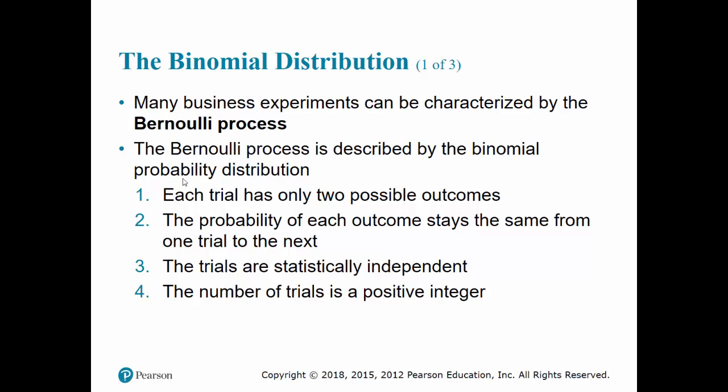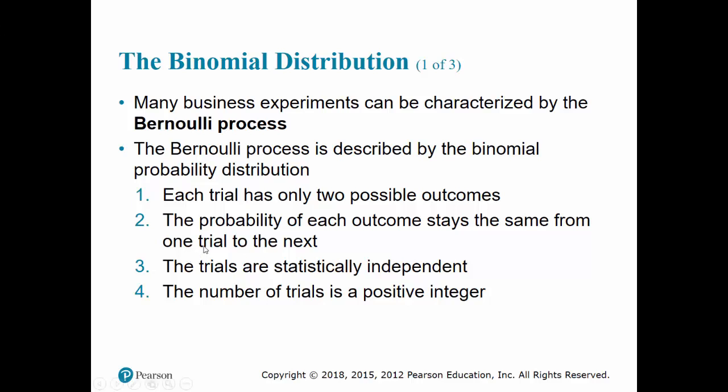So an experiment has only two possible outcomes, something like tossing a coin where you get either head or tail, or you make a sales call and you either make the sale or you don't. You apply for a mortgage and you either get approved or you don't get approved. That kind of stuff.